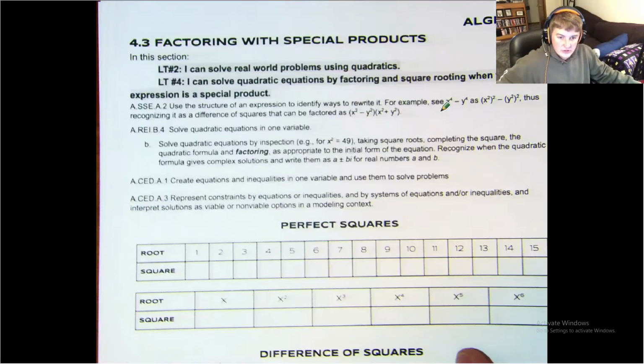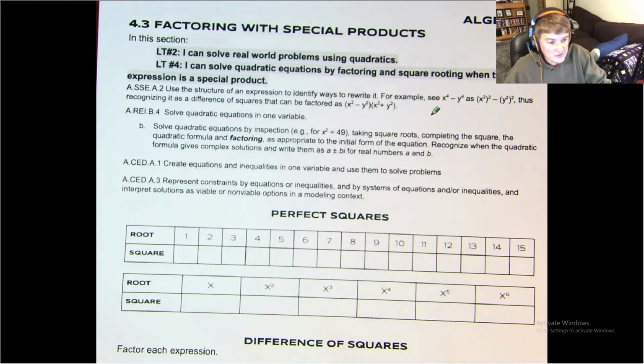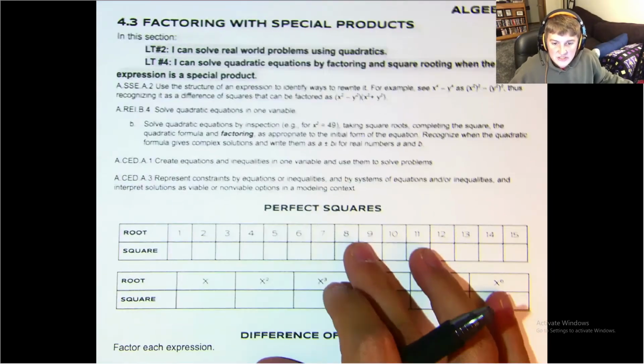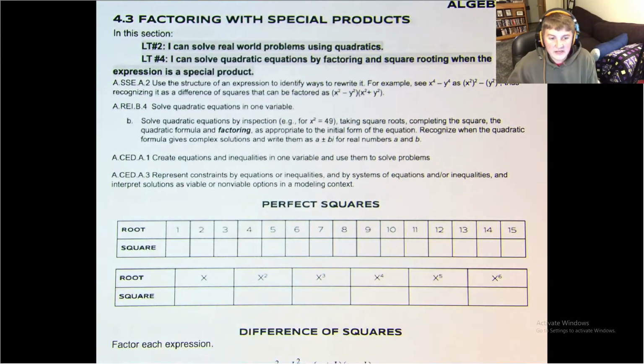All right, so what we're going to do is some factoring of special products. We're going to have 2 learning targets today: again, that same learning target 2, where we're going to solve word problems using quadratics, but also we're going to use special products to factor and solve.